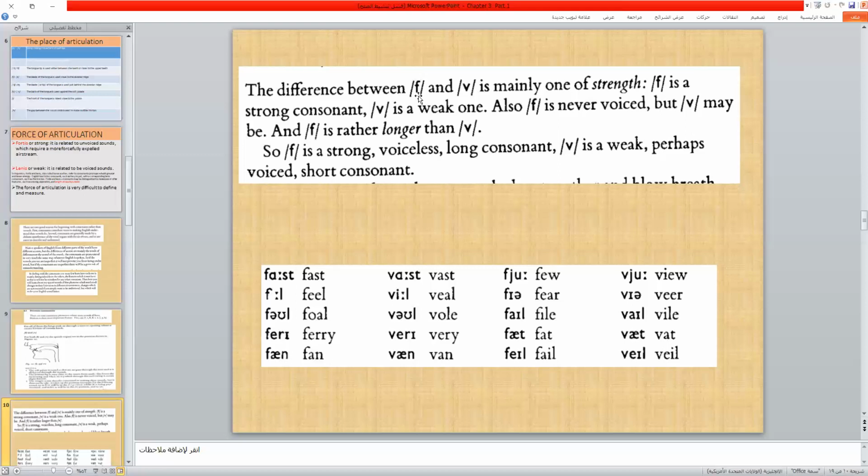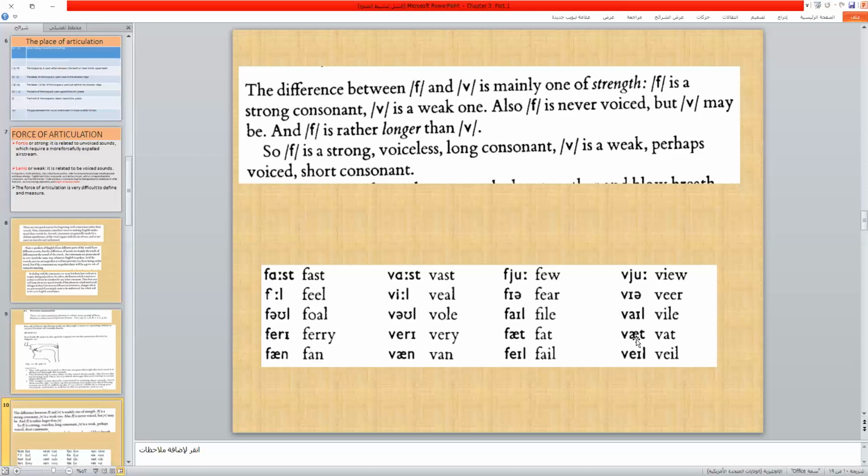Feel, power, fairy, fan: there is aspiration. It's voiceless. But in v, there's no aspiration; there is vibration of the vocal cords. You see, via, veil, there is a voice.